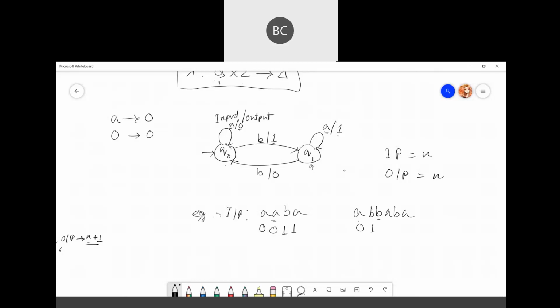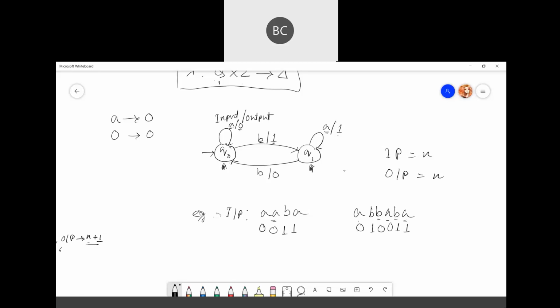If you take B, it is going back to Q0, but output is 0. Now you are at Q0 and reading A. If you read A, you're coming back to Q0 again, but output is 0. From here again you are taking B, output is 1, but now you are at Q1. From Q1 again you are reading A, you are at Q1, but output is 1.